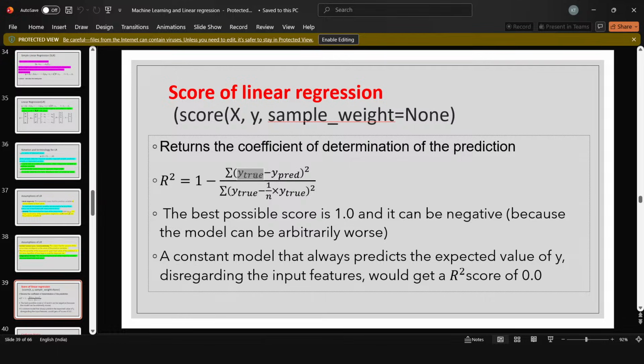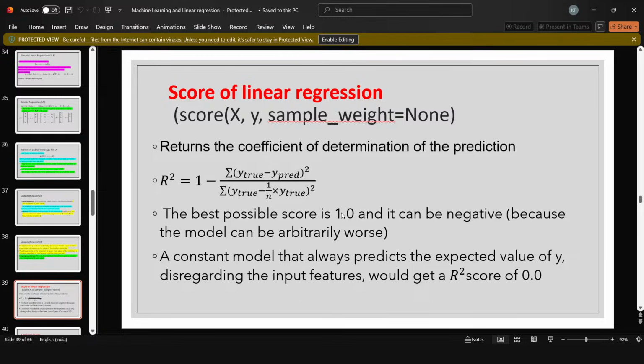Y true is basically the y values given in your data set, or sometimes it will be given in the question itself. And y pred is the y value that your model has predicted. So if you just plug your y true values and y predicted values into this formula, you will get the R square score.